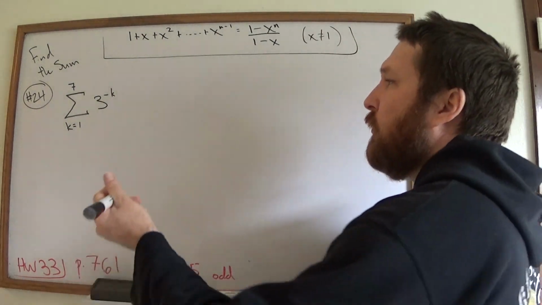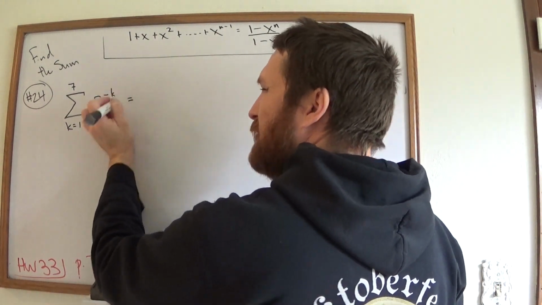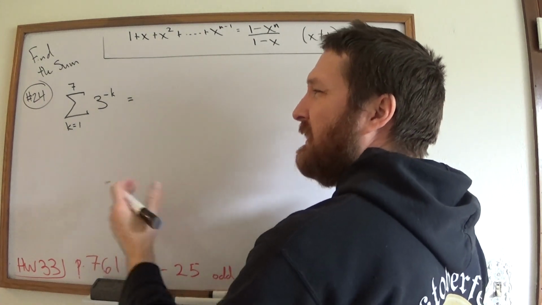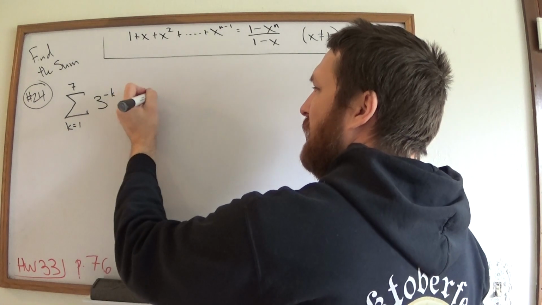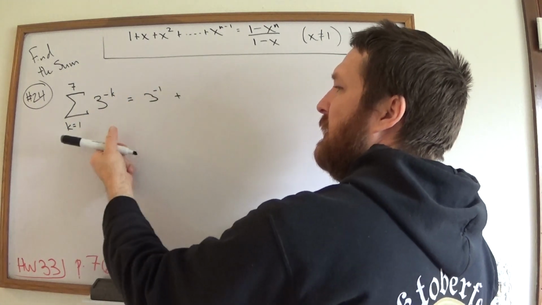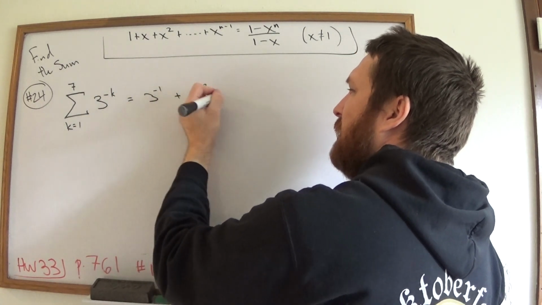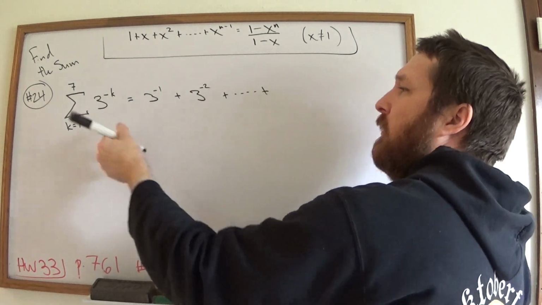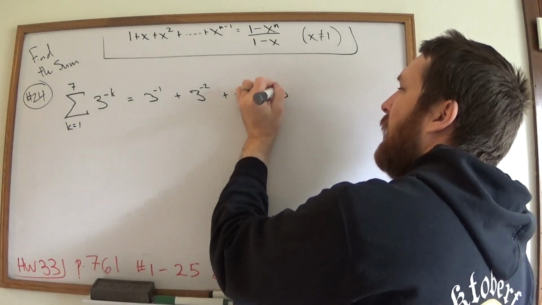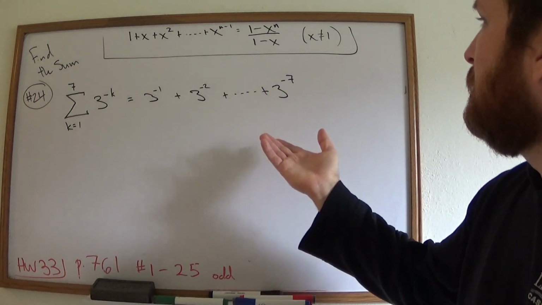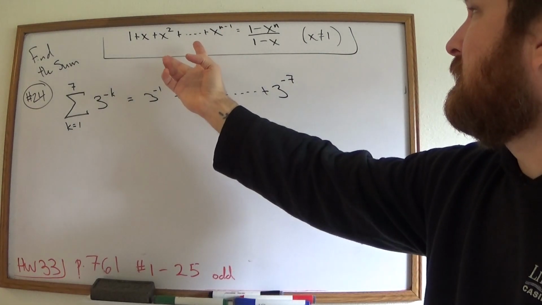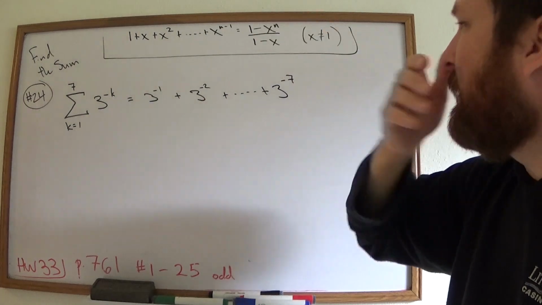If you just blindly do that without really thinking about what you're trying to do, you're going to get this. You're going to say, okay, when k equals 1, you have 3 to the negative 1, plus k equals 2, you have 3 to the negative 2, plus, and so on all the way up to 3 to the negative 7. And you say, wait a minute, that looks nothing like this.